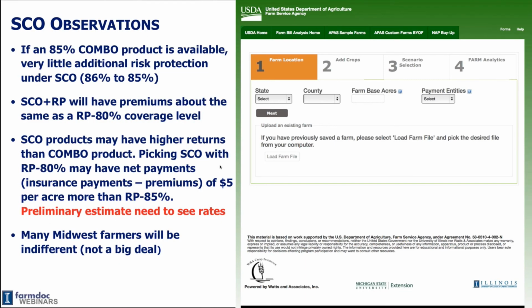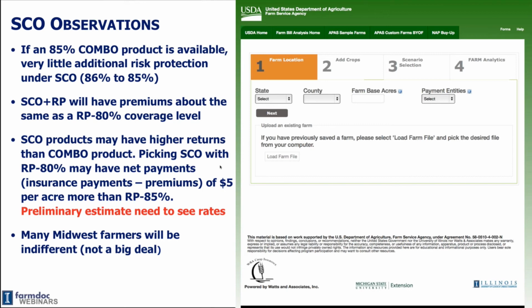So just summarizing those SCO observations: with 85% coverage available, there's really little additional risk protection offered by SCO. When we look at premiums, we often see SCO and RP coming close to RP 80% coverage level costs. This is more particularly true in northern and central Illinois, Iowa, Ohio, Indiana.